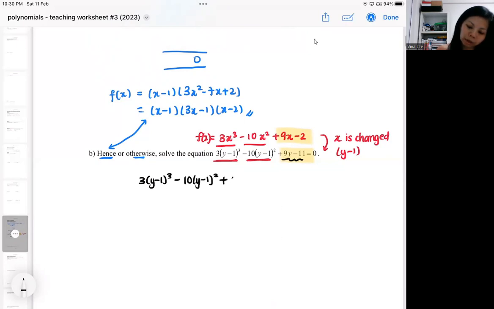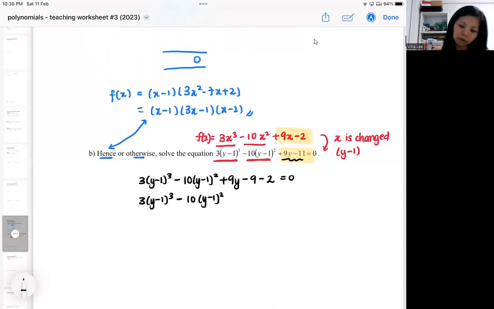I'm going to break the -11 into -9 minus 2. The reason being, if I do this, I can factorize.